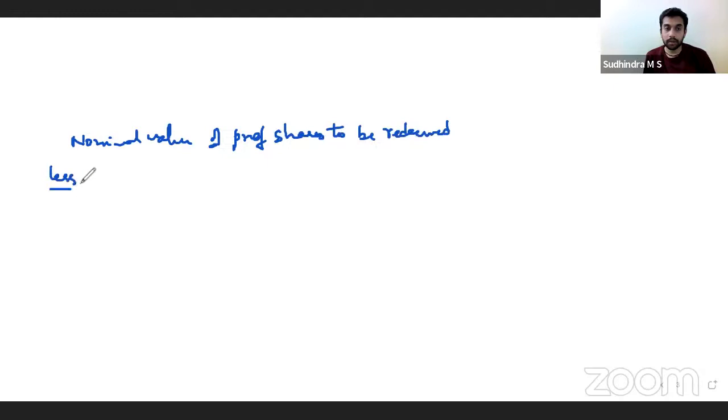Nominal value of preference shares to be redeemed, less free reserves available to create CRR.